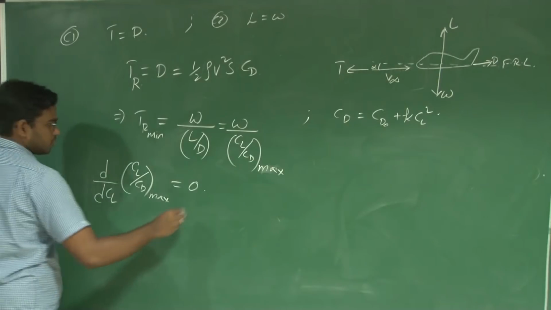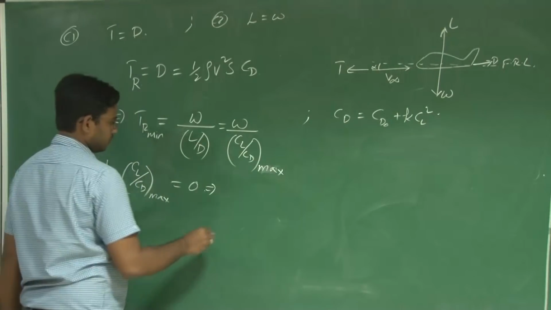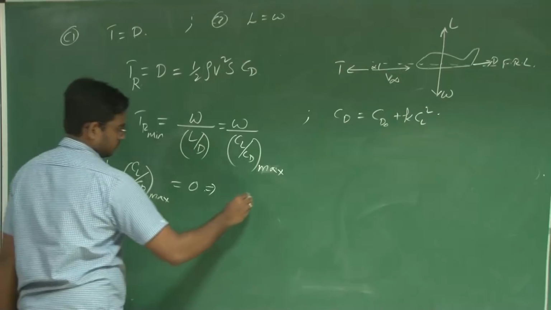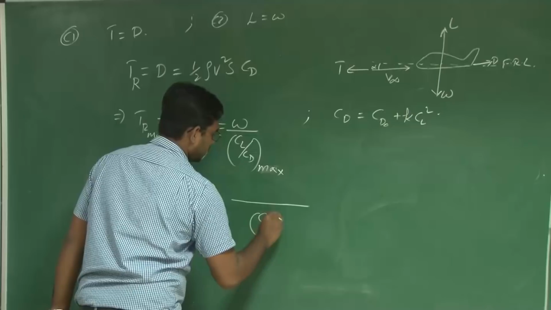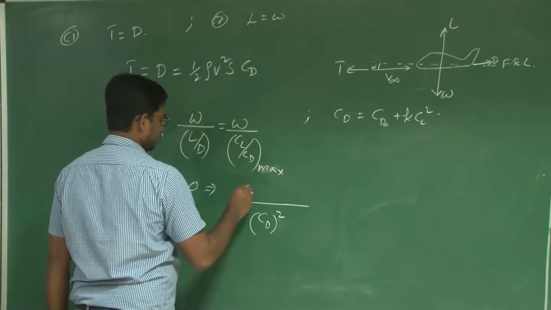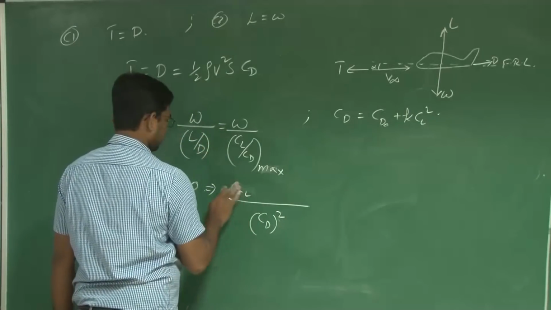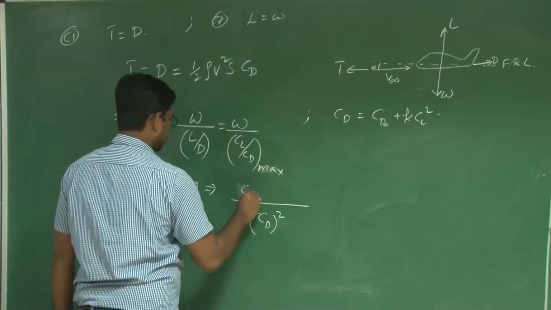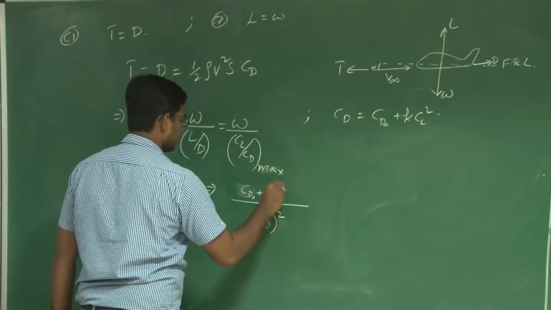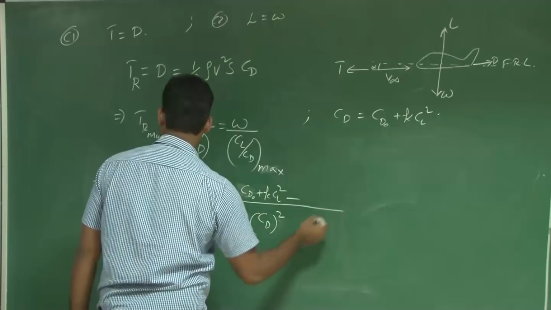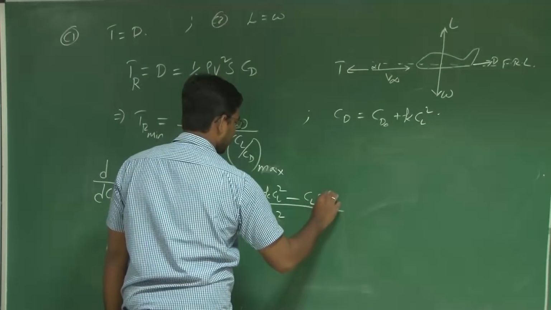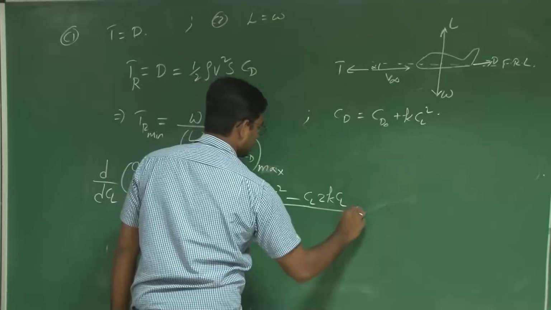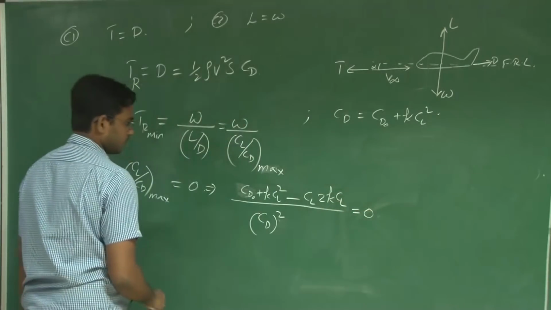So this implies CD square into CL, into CD naught plus K CL square, minus CL into 2K CL is equal to 0.